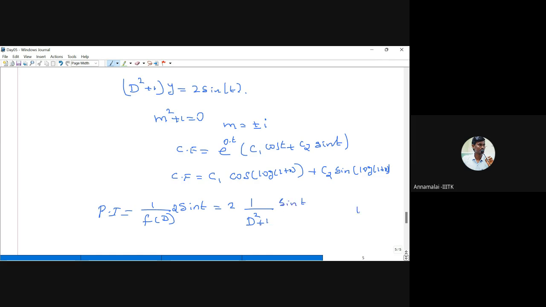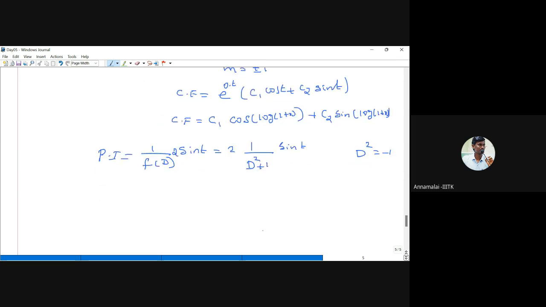In this case we substitute D squared equal to minus 1, and we get 0. Then we have to multiply by t and differentiate the denominator. So that is t times, and differentiating the denominator we get 2D times sin t.